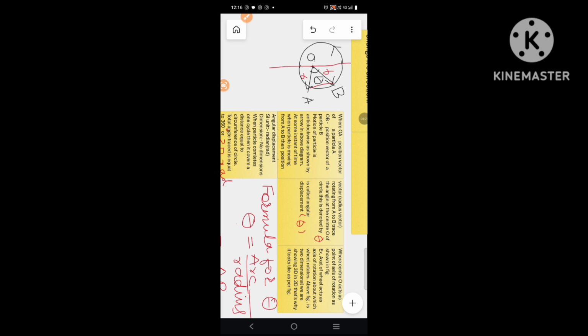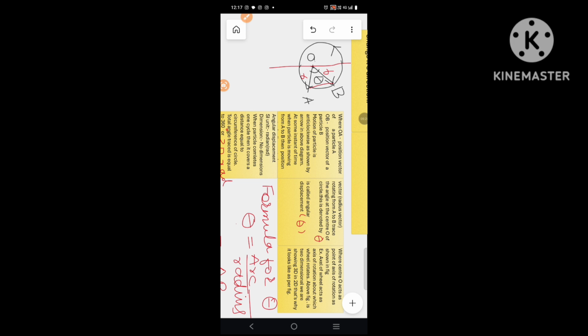Here, the line segment OA is the position vector of the particle A. When the particle moves from A to B in some time interval t, the radius vector OB is the new radius vector for the new position B. During that motion, the radius vector rotates from OA to OB, making an angle theta at the center, as shown in the figure.